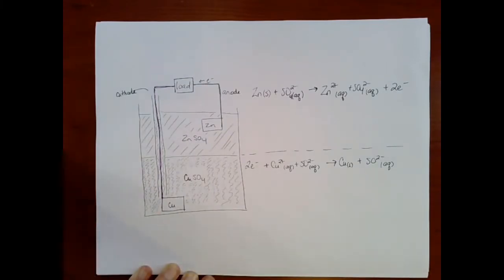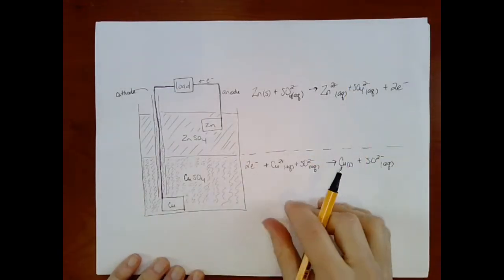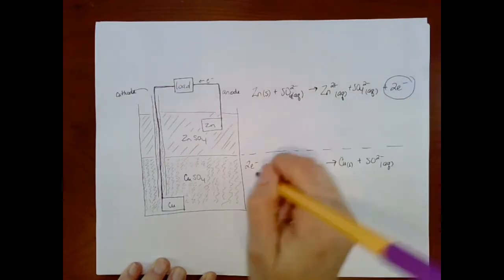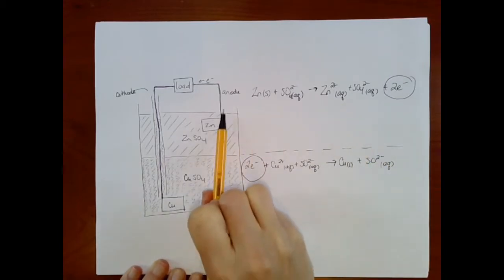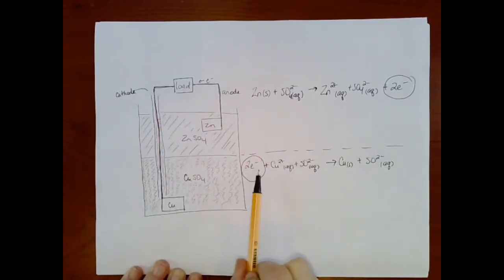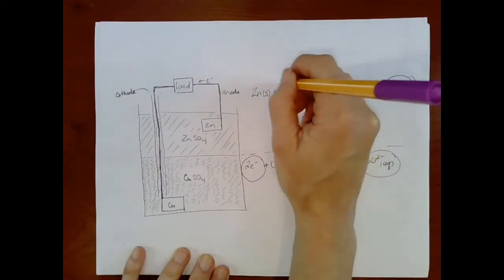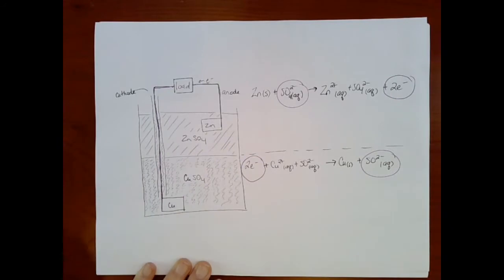So notice that there are 2 things that are being exchanged between these 2 reactions. We have the electrons that are being produced at the anode, passed through the load, and appearing at the cathode. But we also have the sulfate counterions that are able to diffuse from one side of the cell to the other side of the cell.